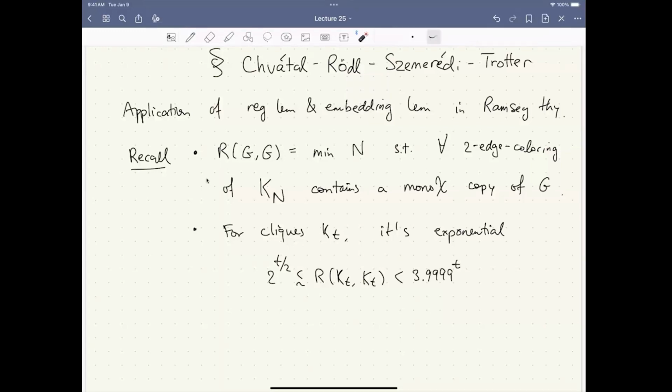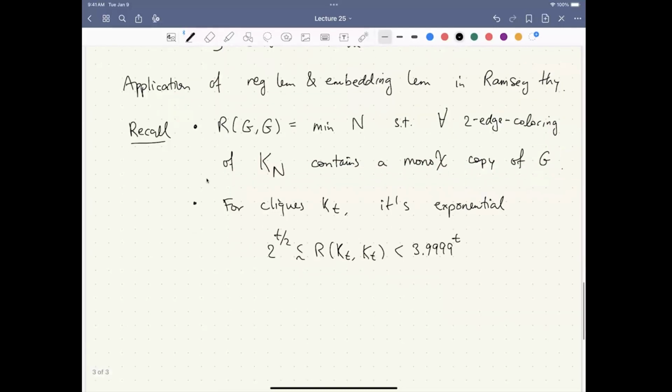Now we will see a very different behavior of the Ramsey number, also on t vertices, but not exponential. This is exponential in t. But a clique is very dense. We consider a very sparse graph. In particular, we consider graph G that has bounded degree.